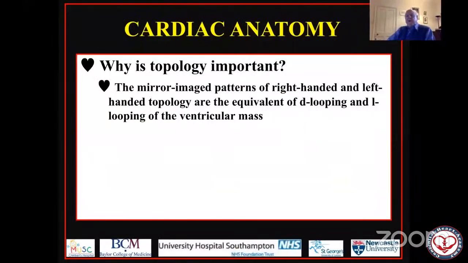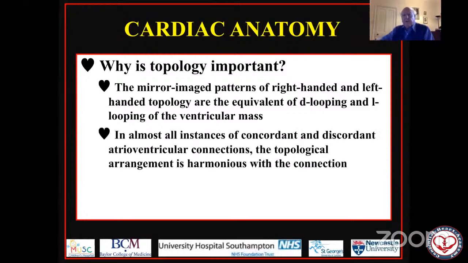But why is topology so important? It's important because the mirror image patterns of right-handed and left-handed topology are themselves equivalent to D-looping and L-looping of the ventricular mass. And almost without exception, when we have concordant atrioventricular connections with usual atrial arrangement, we have a D-loop.